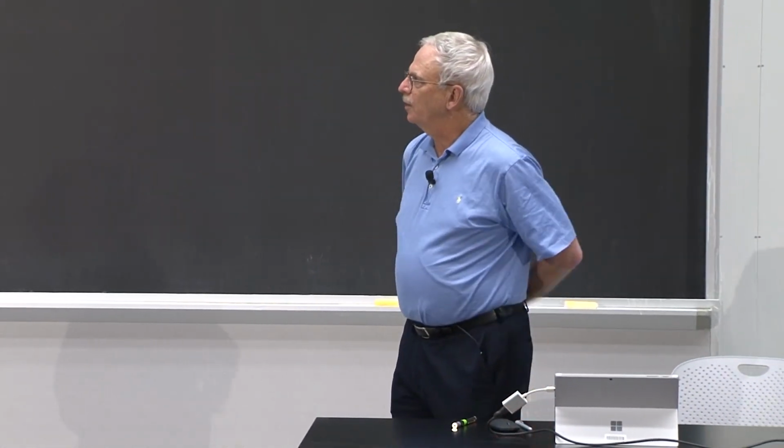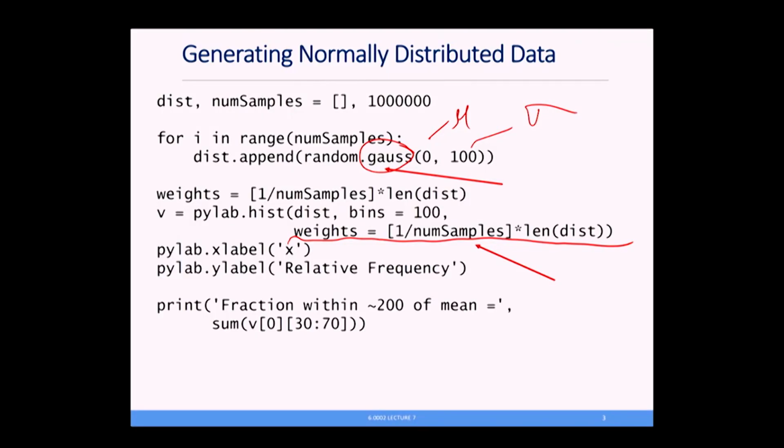So that's what I've done here. What I've said is I've created a list, and I want to say for each of the bins, in this case, I'm going to weight each of them the same way. The weight is going to be 1 over the number of samples. I'm multiplying it by the len of dist. That will be how many items I have, and that will tell me how much each one is being weighted.